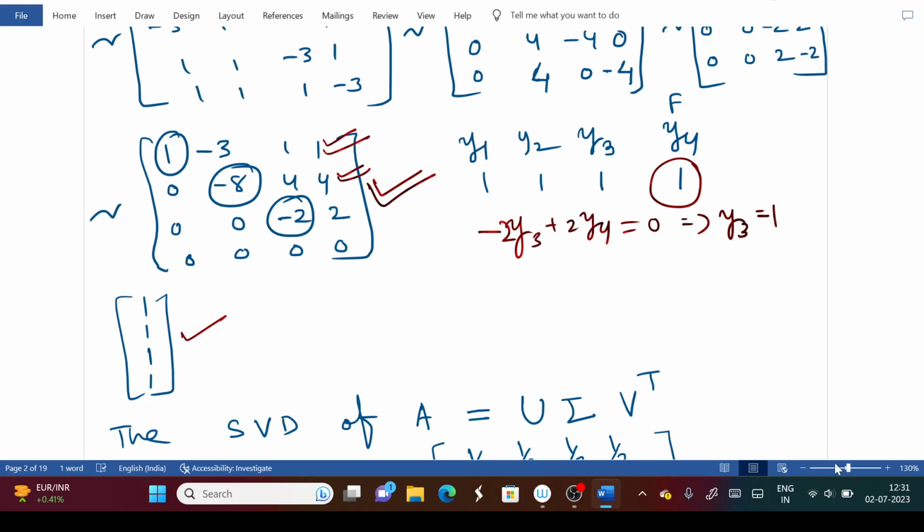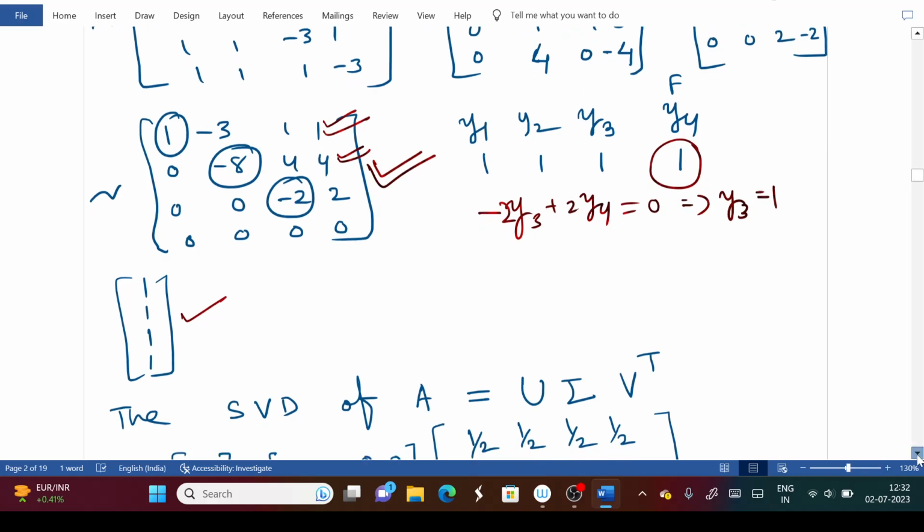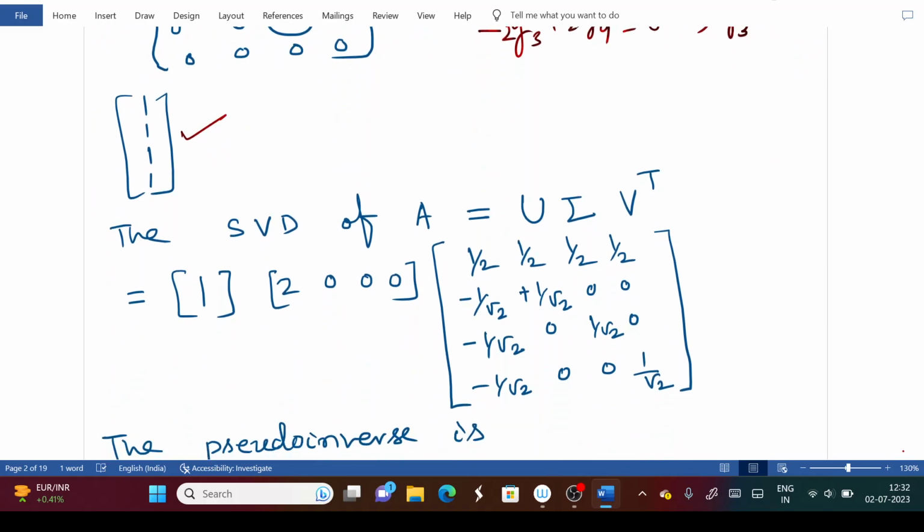So this is my first column, it corresponds to the first eigenvalue, the largest eigenvalue, that is 4, and these 3 correspond to eigenvalue lambda equal to 0.